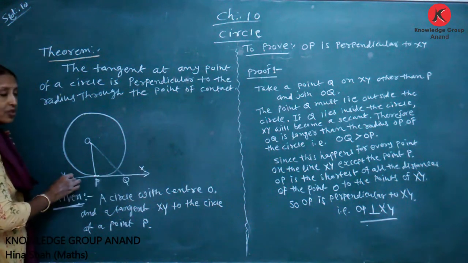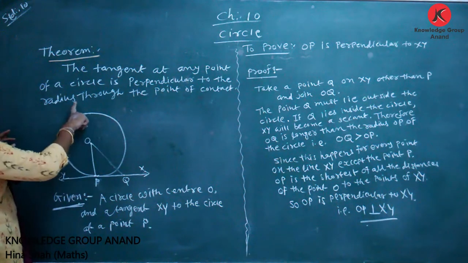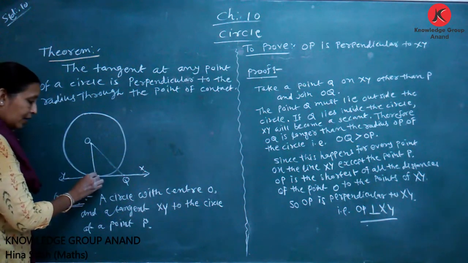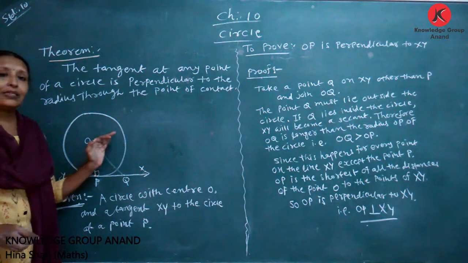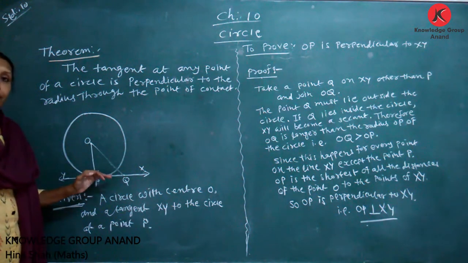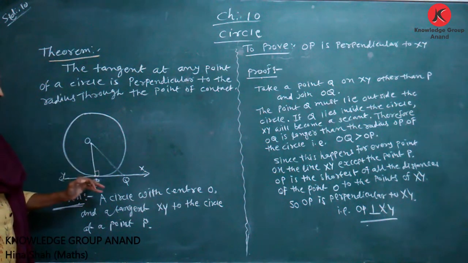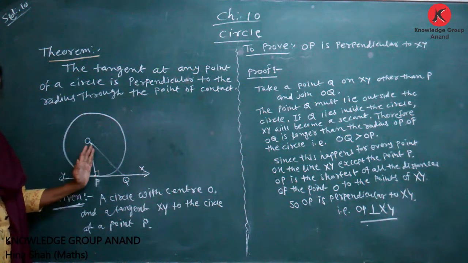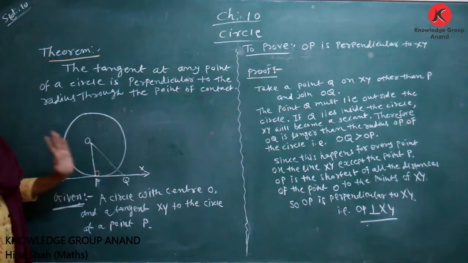We draw the tangent, and then the radius. It is perpendicular, which means it intersects at 90 degrees. The tangent is perpendicular to the radius through the point of contact.